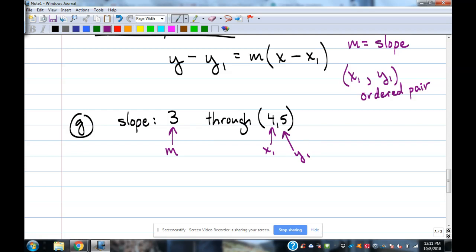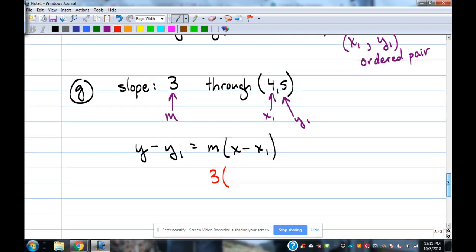So you need to memorize point-slope form, that generic formula there. And we're plugging in the stuff that goes for each thing. Where the m is, I'm going to put a 3. Where the x1 is, I'm going to put a 4.